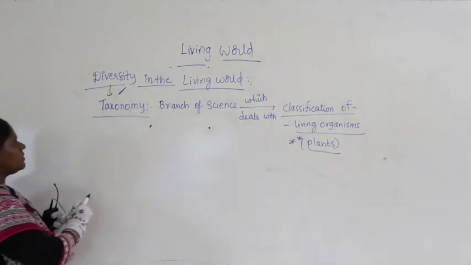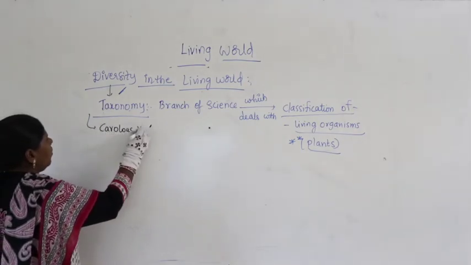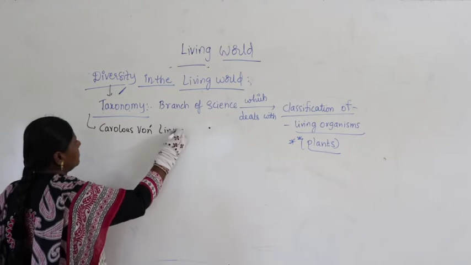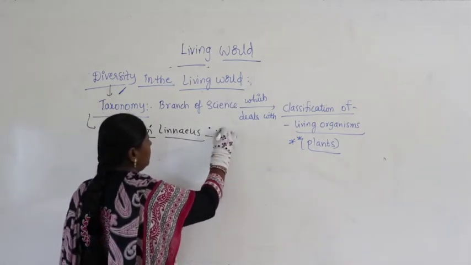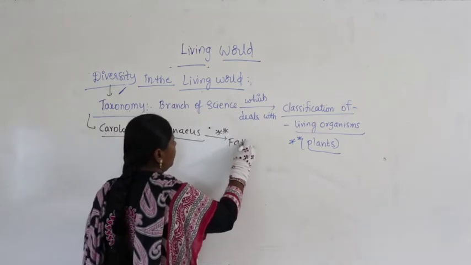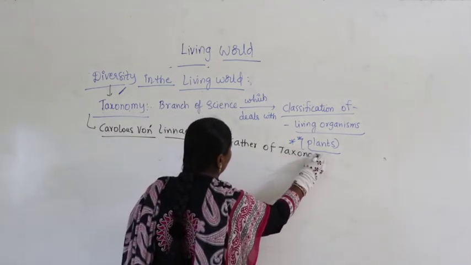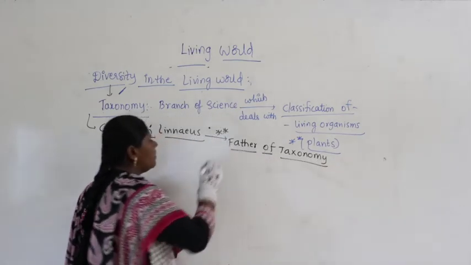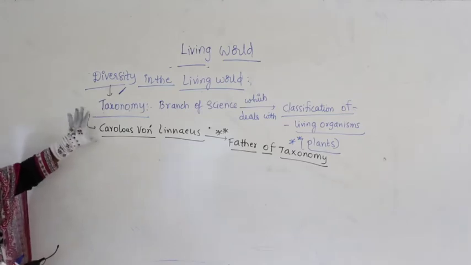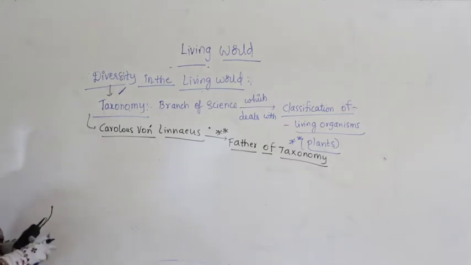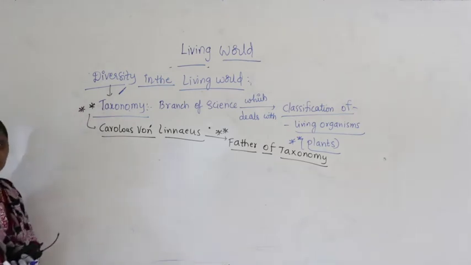Who is the scientist of this? I already told you, Carolus Linnaeus, who is referred to as the father of taxonomy. Taxonomy is a very important branch of science which always deals with the classification of organisms.